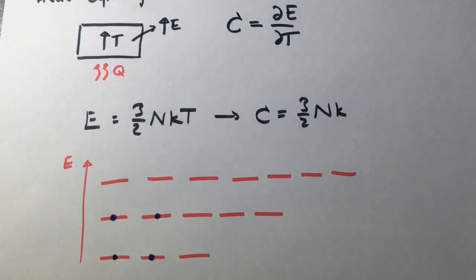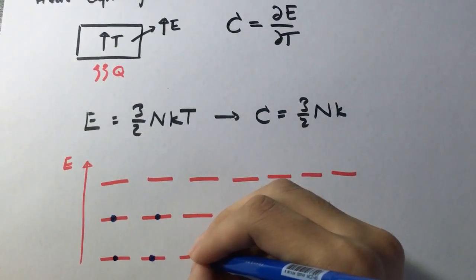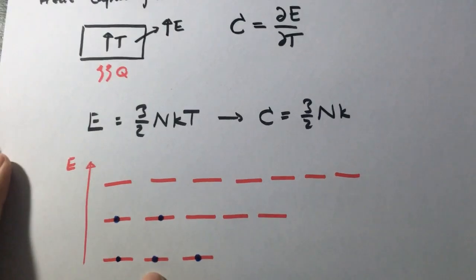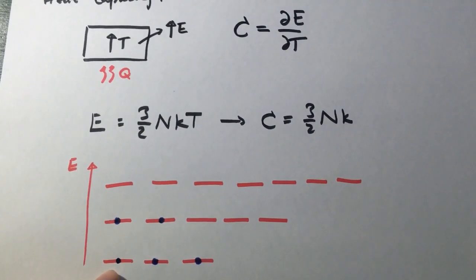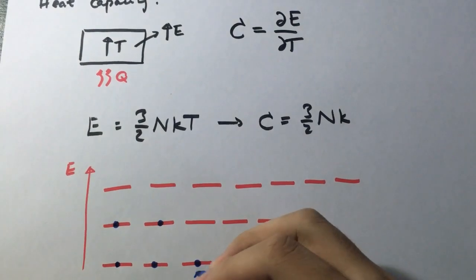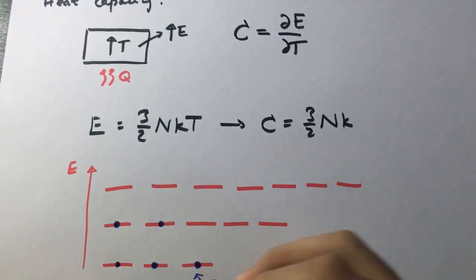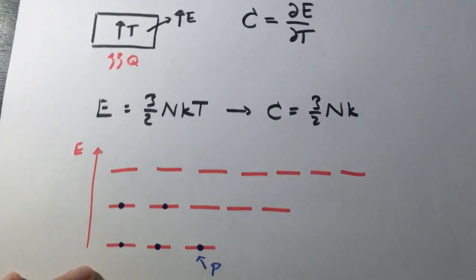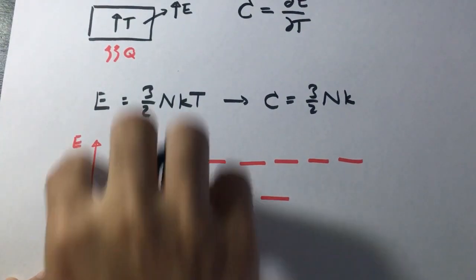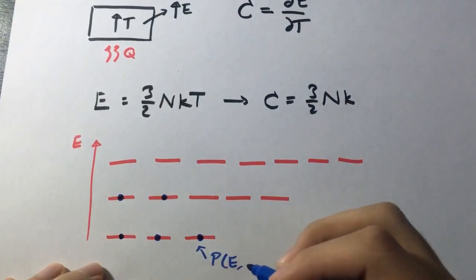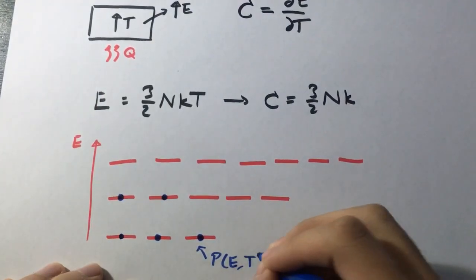But what you can write out is that the probability of a particle occupying any certain energy state will depend on the energy level that it is in, so how high up this scale it is, and also the temperature of the system.